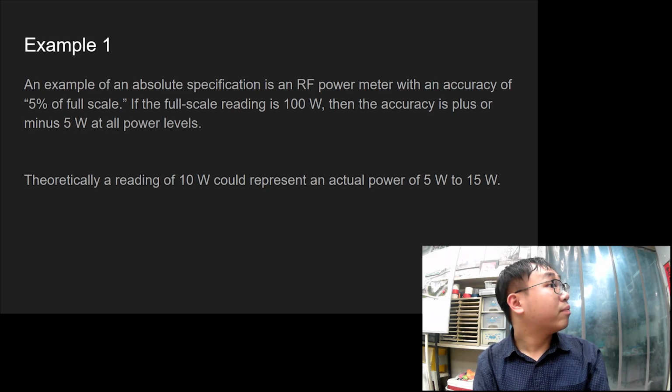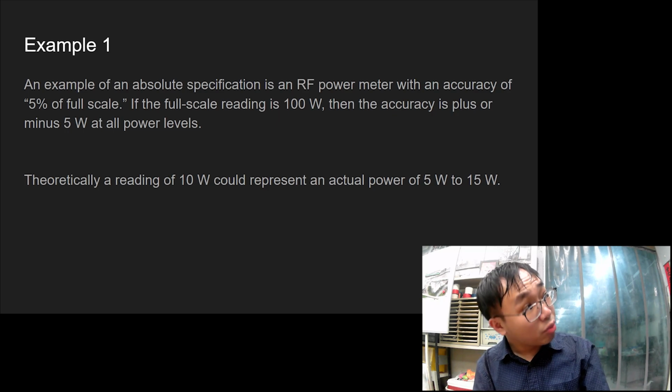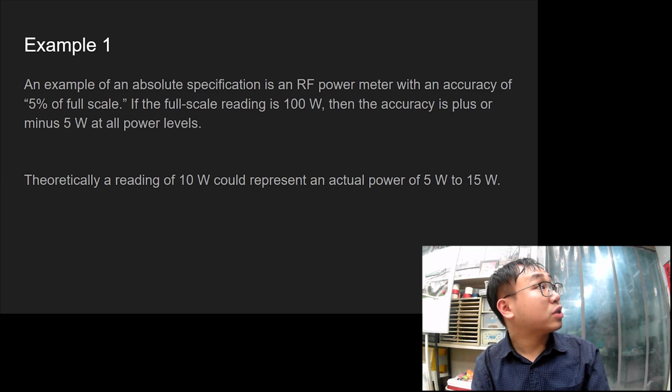For example, example 1, we have the RF power meter. They said that it is 5% of full scale. So it is an illustration of relative accuracy. The full scale is 100 watts. So what is 5% of full power?